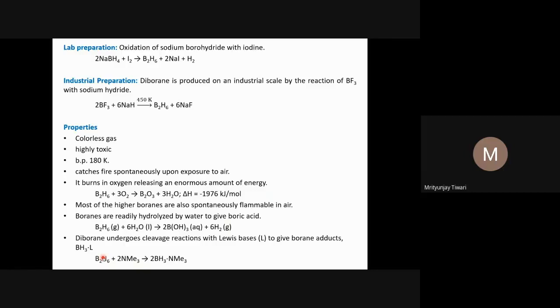So on cleavage, it will form two BH3 molecules, and those two BH3 molecules will form adducts with NMe3, and we see thus the formation of two molecules of BH3NMe3. Or if this is NH3, ammonia, we will see BH3NH3, the ammonia borane formation here.